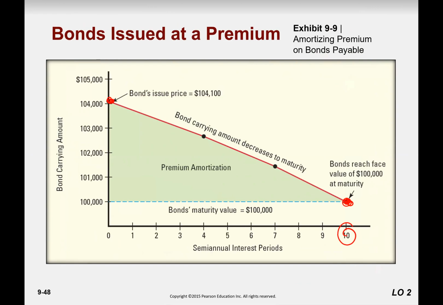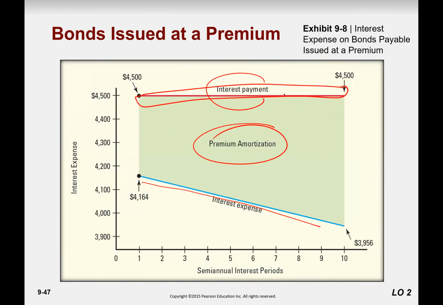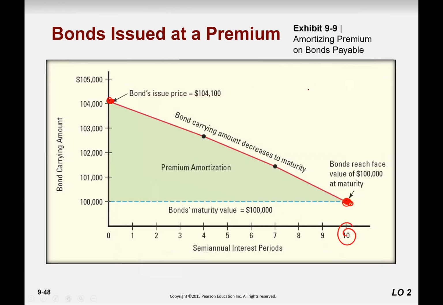So this 4,100 premium must be decreased from the bond value in order to get to maturity value. So it should be divided into 10 payments, 5 years, 10 payments, but according to the market interest rate, not just straight line method, right?